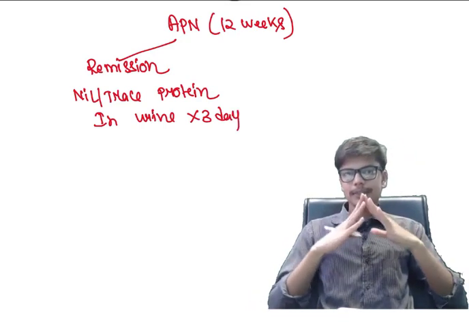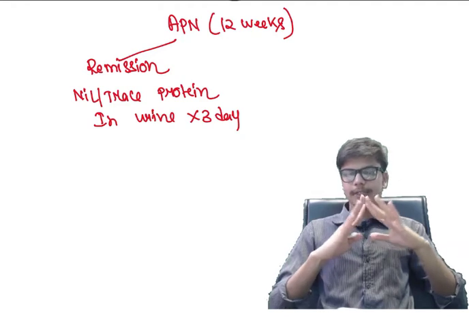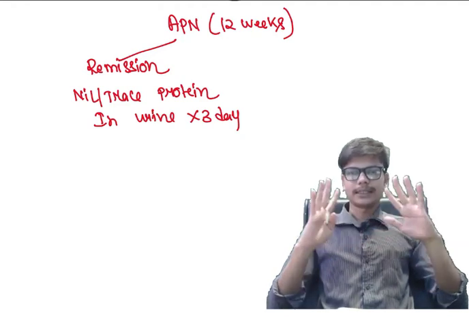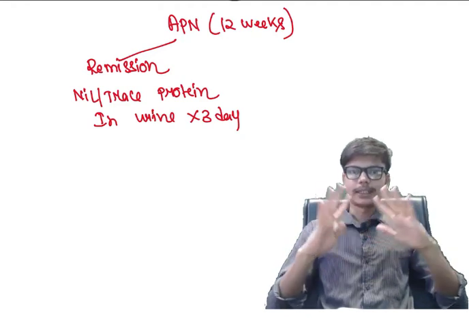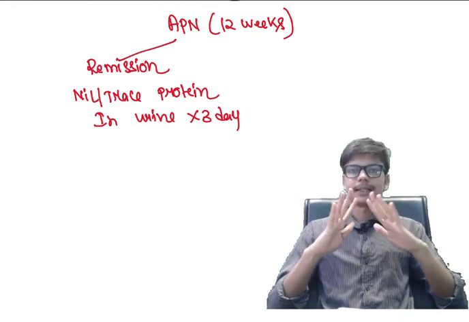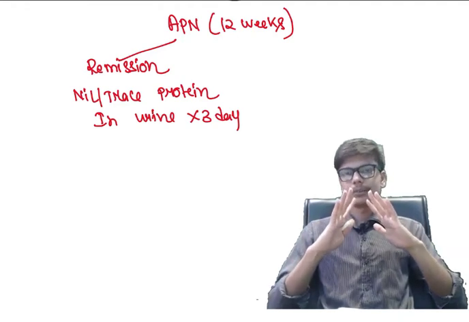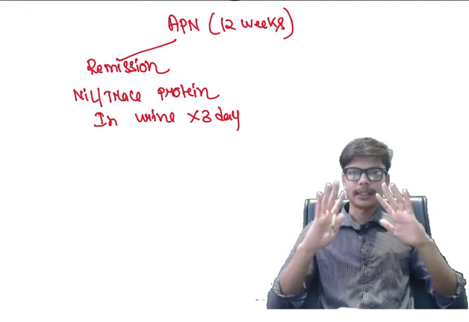After giving treatment with steroid, the patient of nephrotic syndrome can go into remission. Remission means he is now cured, not completely cured, but her or his proteinuria is now abolished for 3 consecutive days.